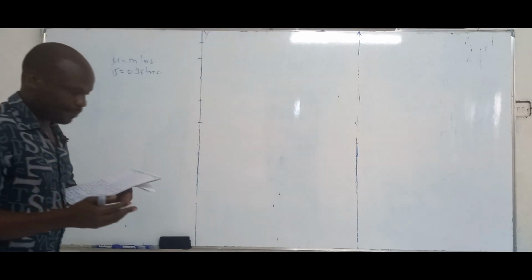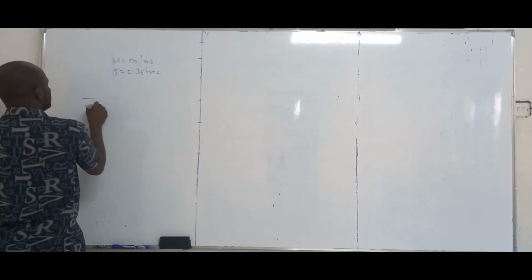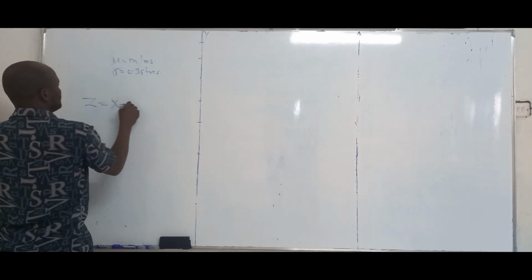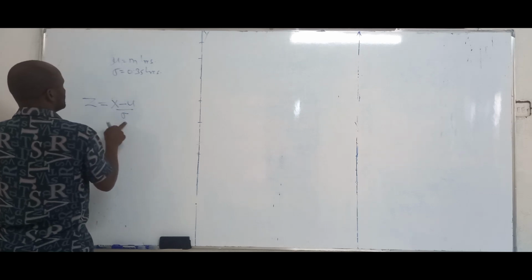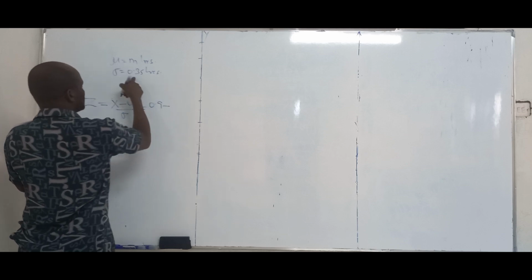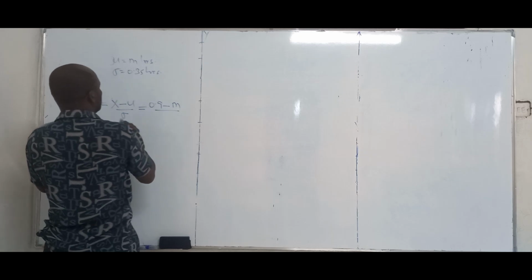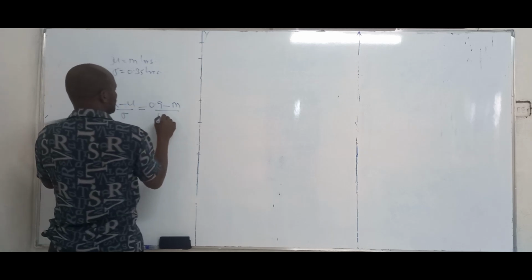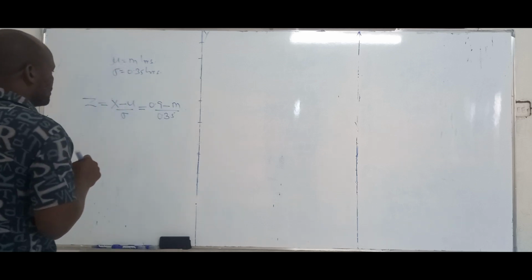Find the value of m, part (i). So we know that z is equal to x minus mu over sigma, which is the standard deviation. Our x is 0.9, so z is 0.9 minus m all over 0.35.